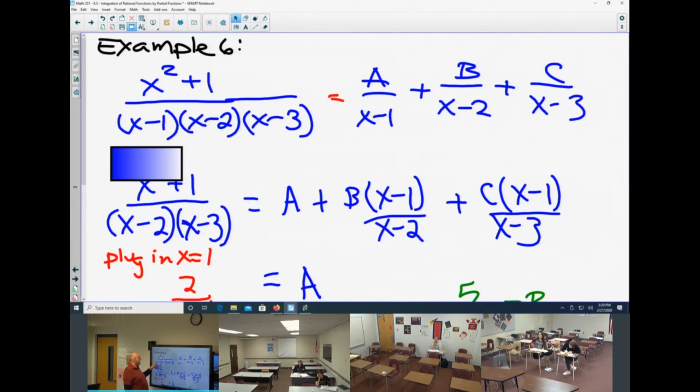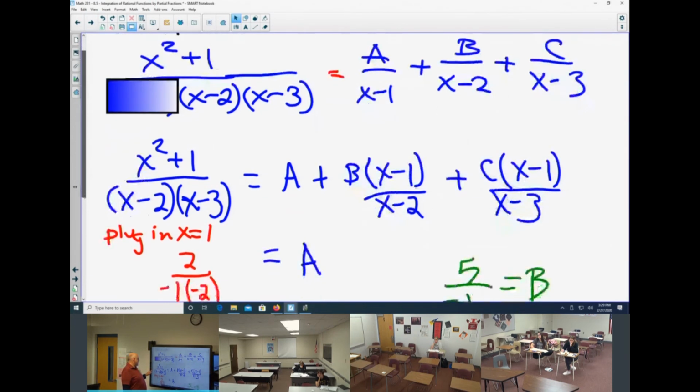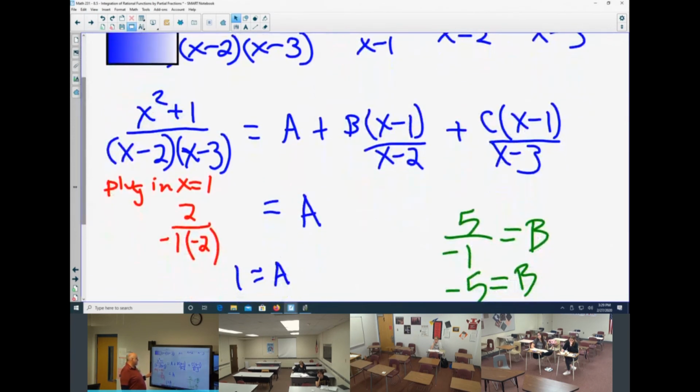So plug in 1. We get 1 squared plus 1, which is 2, over 1 minus 2, negative 1, times negative 2, is 2. So we get 2 over 2, which is 1. So A is 1.